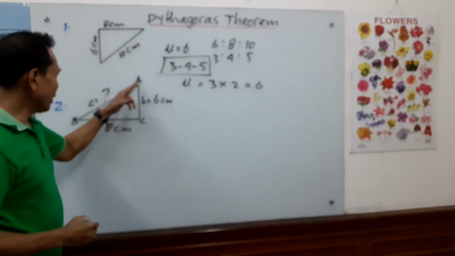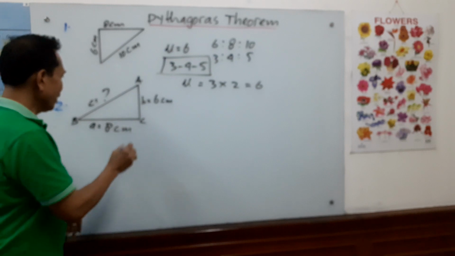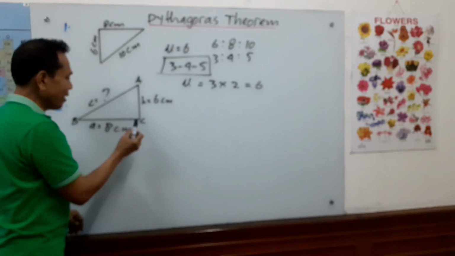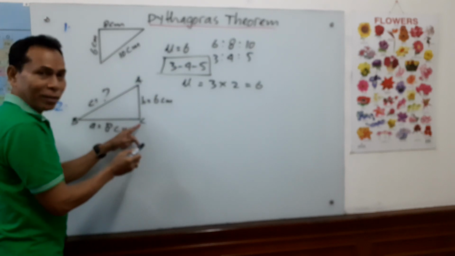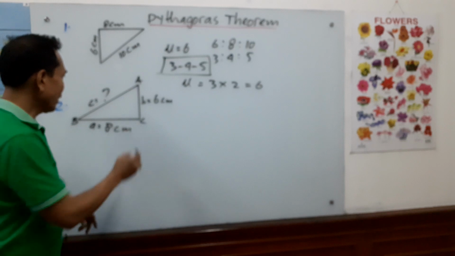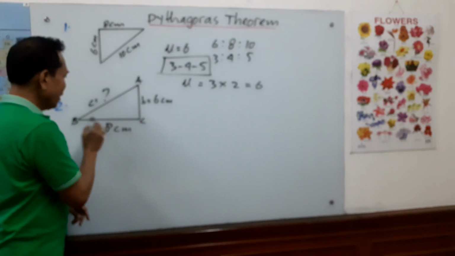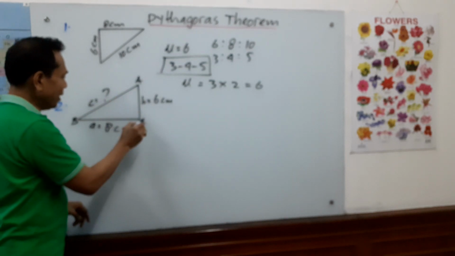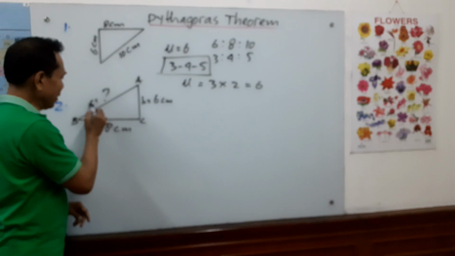We name this longer side, the hypotenuse, after this C here. C is opposite of this hypotenuse side, this longer side. So we give it C.